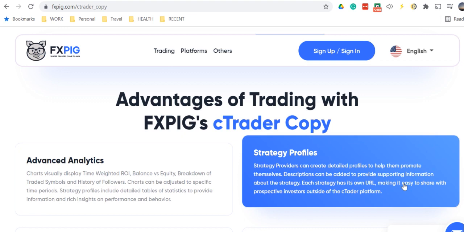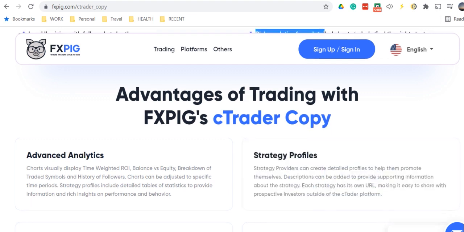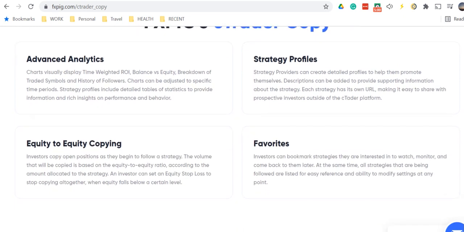On some of these copier sites, they don't always describe the strategies that they're using, or the profiles for the traders, or there's scant information, and you're then just going off the performance. But FXPig seem to have a better, more comprehensive description of the traders or strategies being used. So again, that differentiates them.